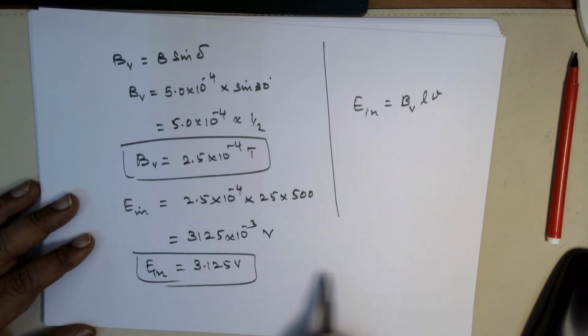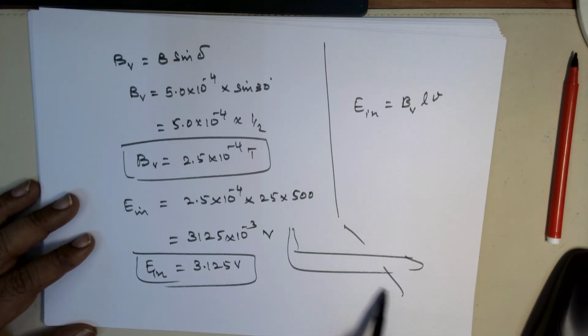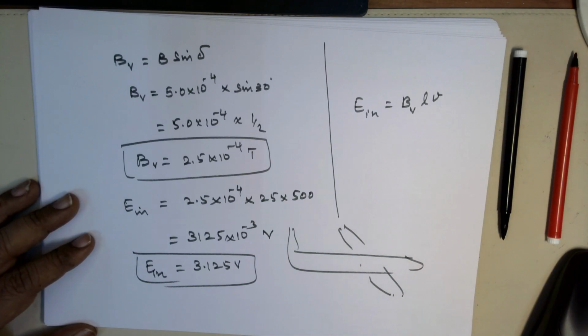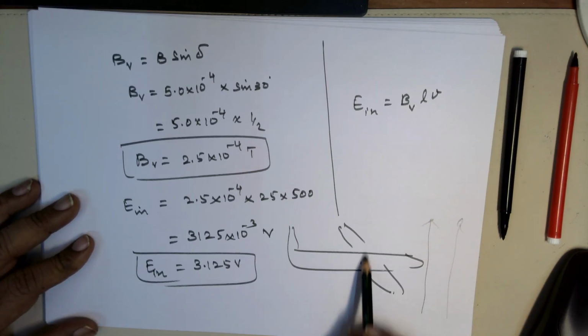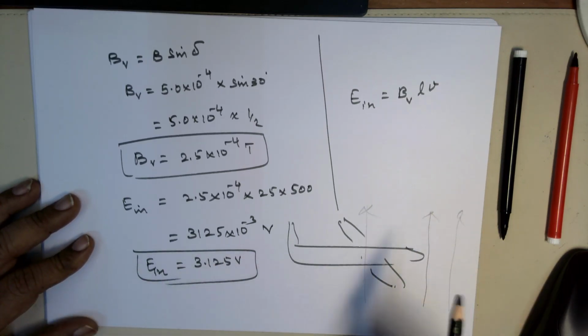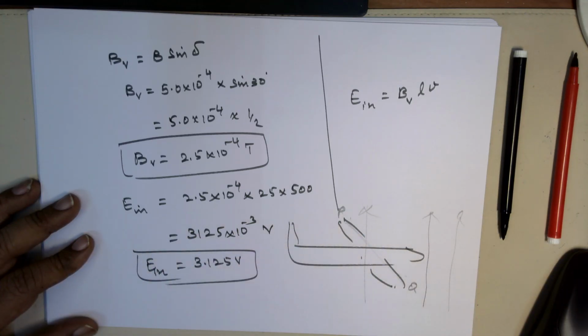across the wing. So this is the flight. It has the wing like this, and the magnetic field is moving in this direction. Are you able to follow? So it goes across this, and this acts as a rod, like our PQ. When it crosses, what happens?